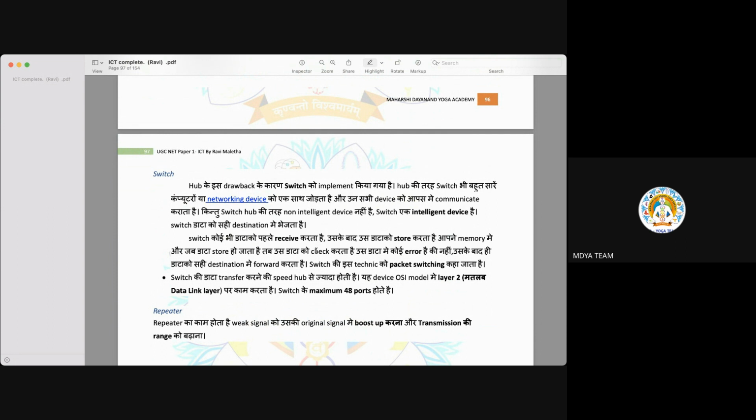If there is any error or any deterioration, it checks, and accordingly it transfers. It stores also, checks also, and then forwards it to the destination. They receive the data in the form of packets: one packet of information, then second, then third, then fourth. That's why this technique is called packet switching.